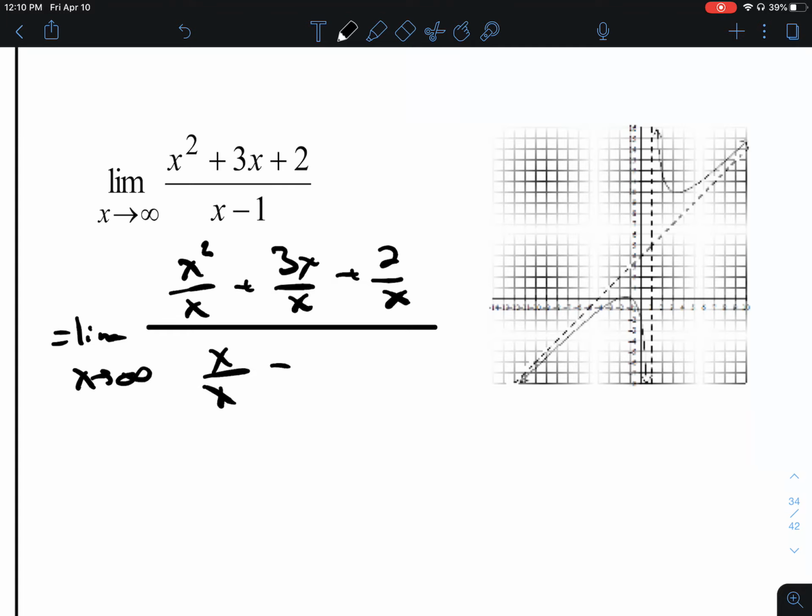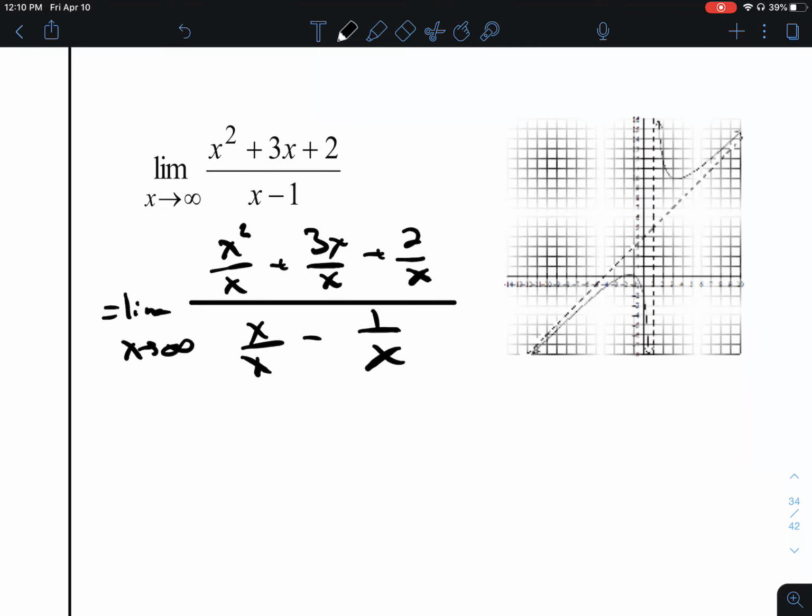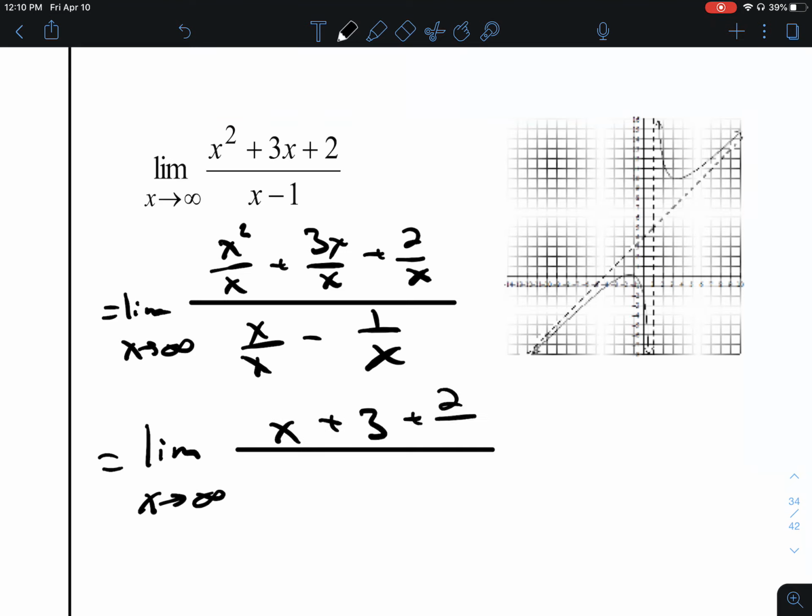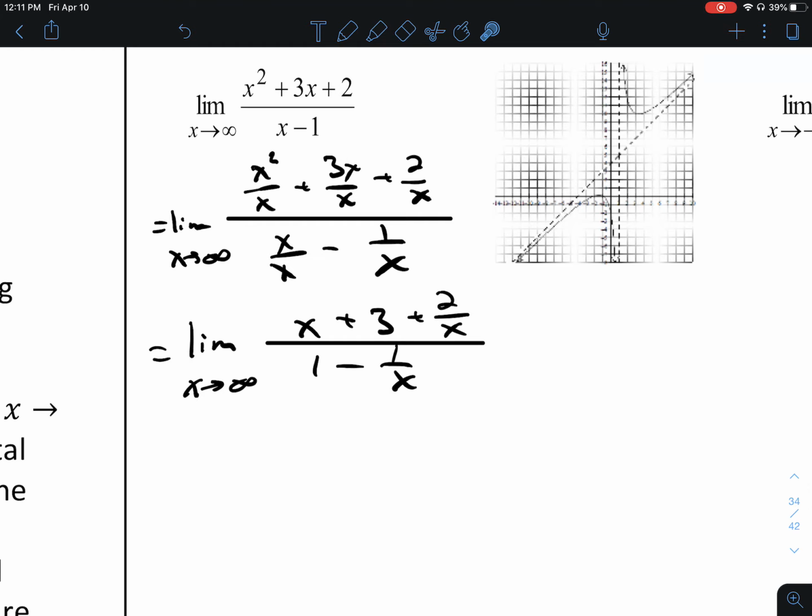Going to divide x by x and 1 by x. x squared divided by x is x, 3x divided by x is 3, 2 over x is 2 over x. x over x is 1, and 1 over x can't be changed.